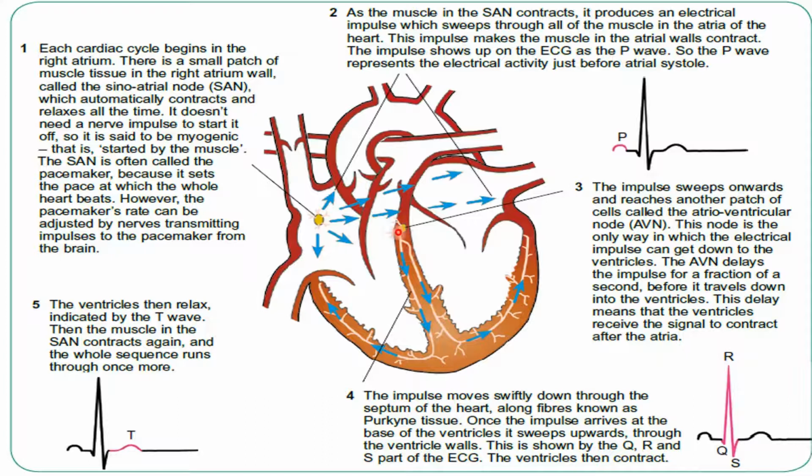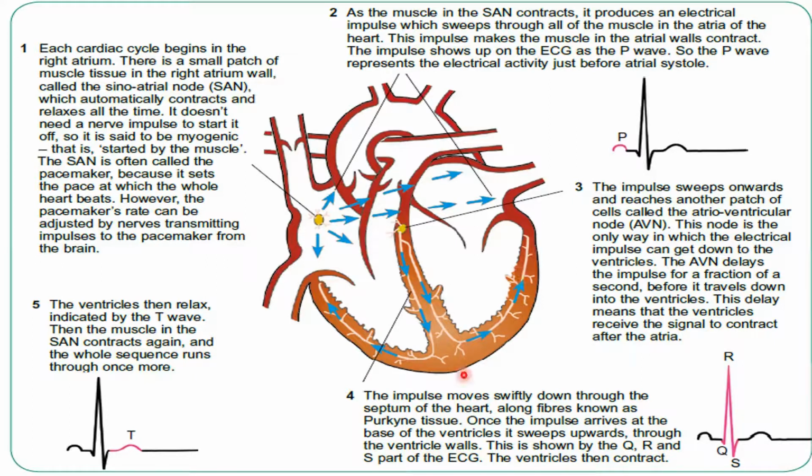You can see here the atrioventricular node, the bundle of His, then the Purkinje tissue, and then it goes down and the heart contracts this way, from down below. The impulse moves swiftly down through the septum of the heart along the fibers known as Purkinje tissue. Once the impulse arrives at the base of the ventricles, it sweeps upwards through the ventricular walls.